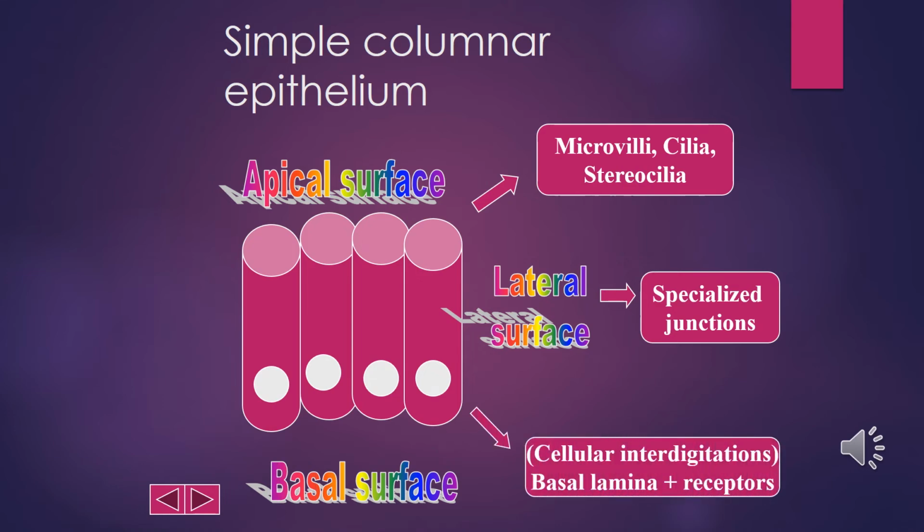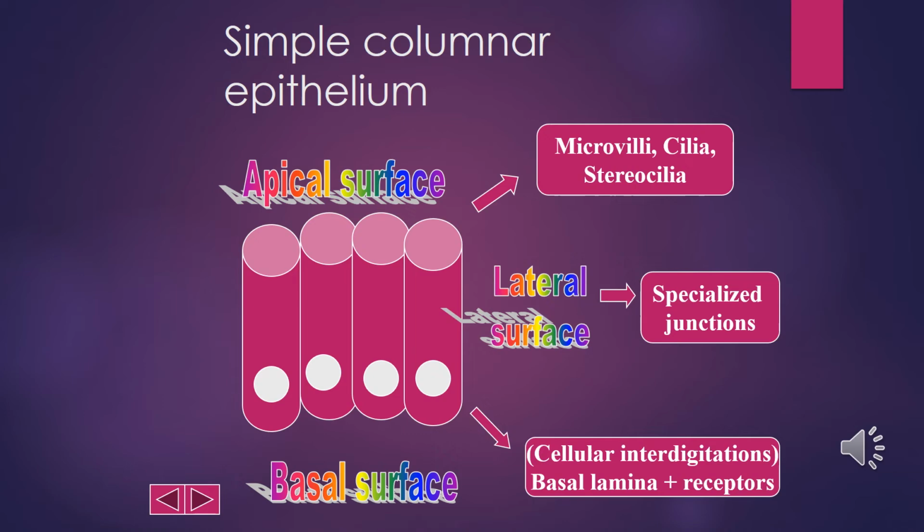Simple columnar epithelium may be divided into three types concerning the elements on the apical surface of the cell. There may be microvilli, cilia, or stereocilia, or specific vesicles with mucus. If in the apical part of the cell microvilli are present, it's columnar epithelium with a brush border, found in the intestine.